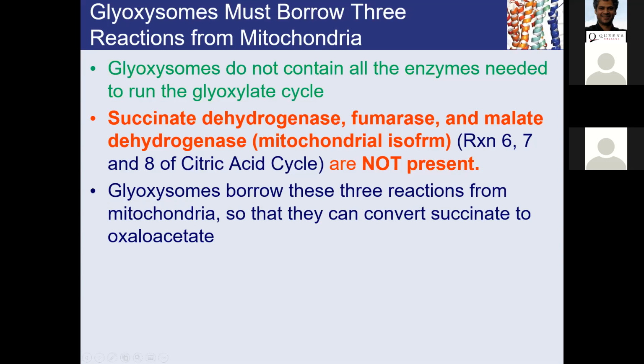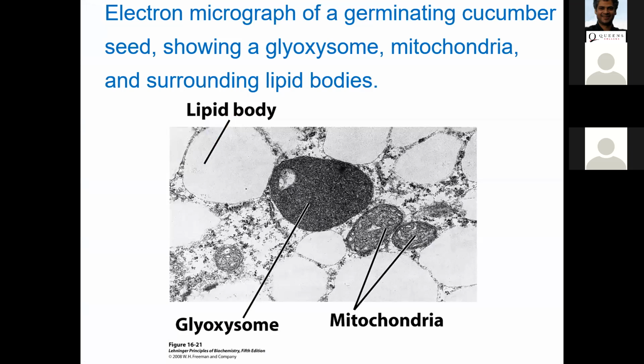How? Can you show me pictorially? And the answer is yes. Look here. This is a germinating cucumber seed. So the cucumber seed was kept in dark, and it's actually germinating.